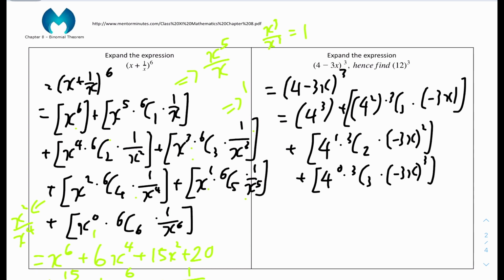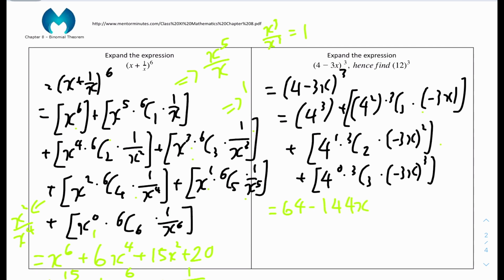And after expanding everything, let me just write it out. So 4 to the power of 3 is 64. And the second term right here is 4 squared times 3c1 times minus 3, and it'll be minus 144x.